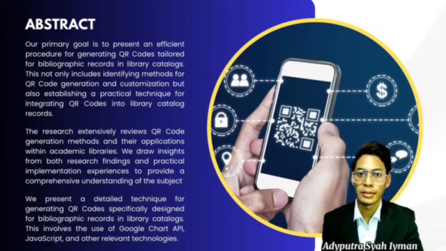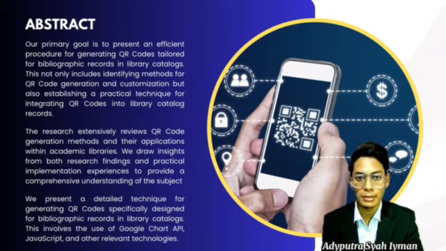Our primary goal is to present efficient procedures for generating QR codes tailored for bibliographic records in library catalogs. This not only includes identifying methods for QR code generation and customization, but also establishing a practical technique for integrating QR codes into library catalog records.